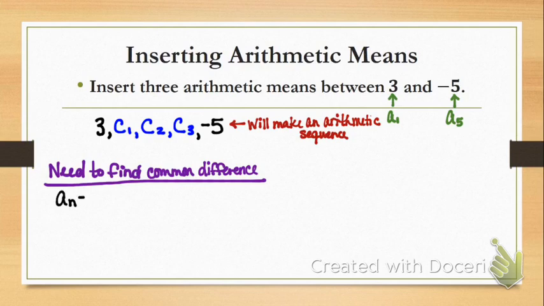So I'm going to use a sub n equals a sub k plus n minus k times d. And you're absolutely right, Carrington. We're going to do exactly what you said.